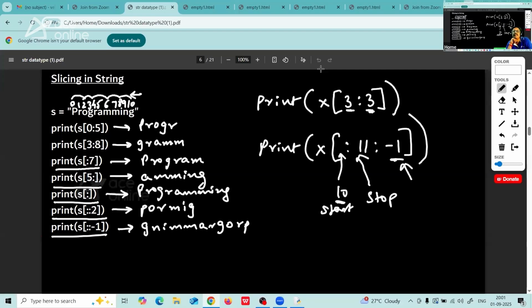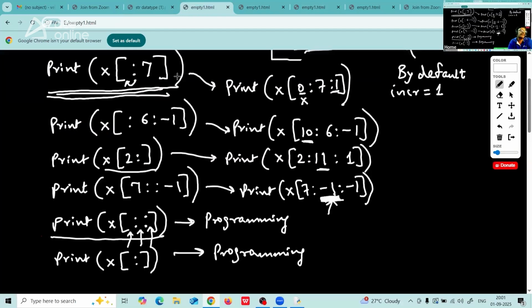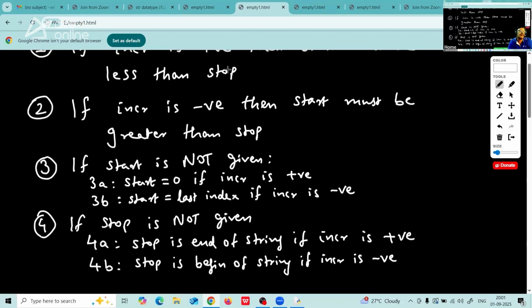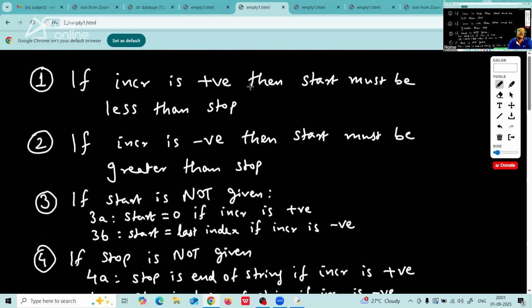How is it possible? So 3 colon 3 is also going to give empty. That is why when we wrote the rules, what was the first rule you recall? The first rule was if the increment is positive, then start must be less than stop. Only then the slicing will work. Otherwise, it will give empty.